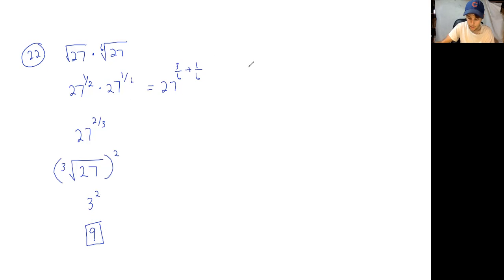All right, and now for our last one. 25. We have the cube root of 32 times the square root of 8. All right, so now the first thing is I can't be applying my exponent rules right away here because, well, I don't have the same base.